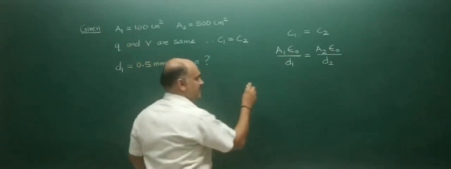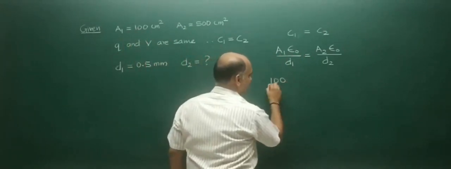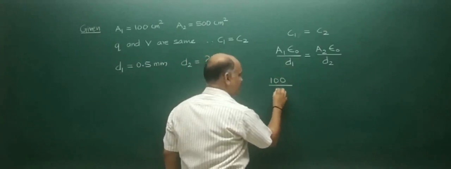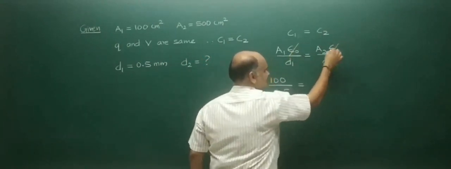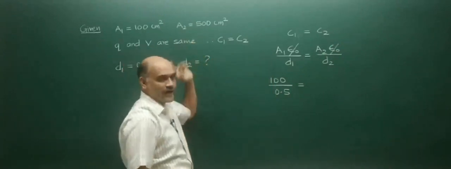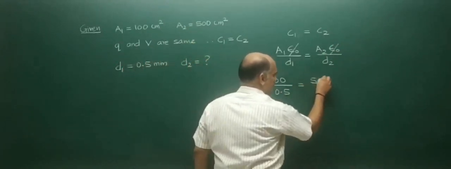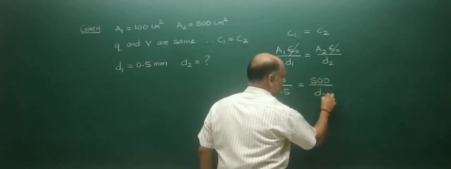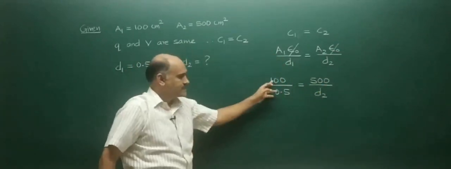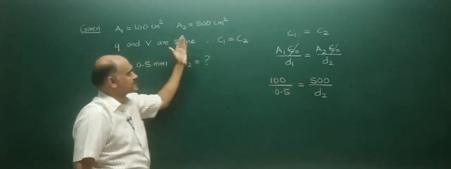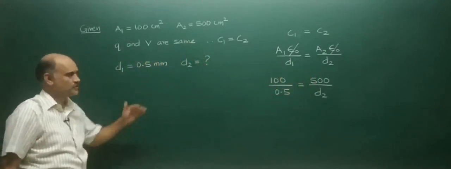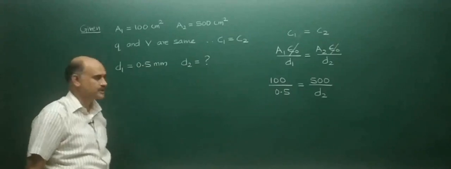So A1 is 100 divided by D1 is 0.5, equals A2 is 500 divided by D2. You are required to find D2. As there is a ratio, units get cancelled, so I have kept centimeter square and mm as they are. Even if you want, you can convert it into meters.